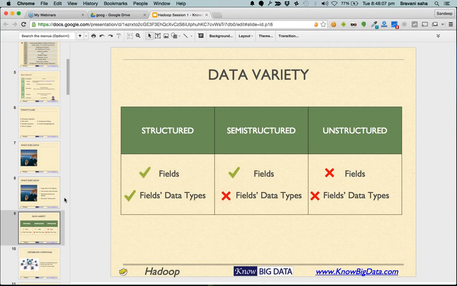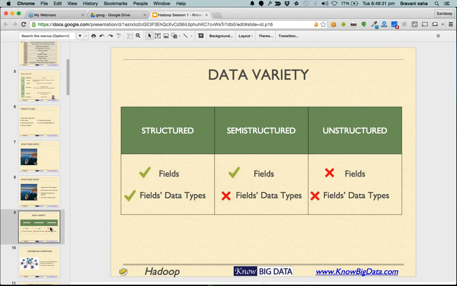So we know half of the structure. For example, a CSV file is semi-structured data. For unstructured data, we neither know the input fields nor their data types. To convert unstructured into structured, we have to parse the input data.